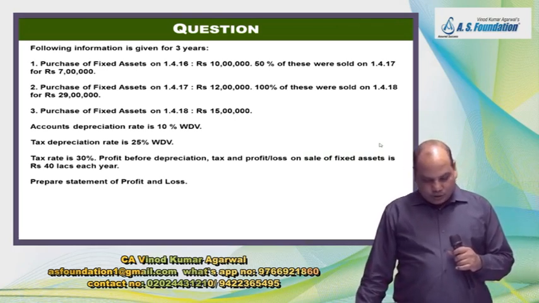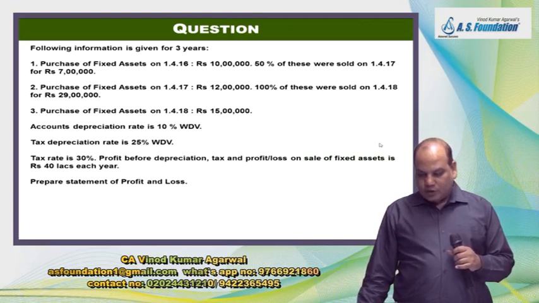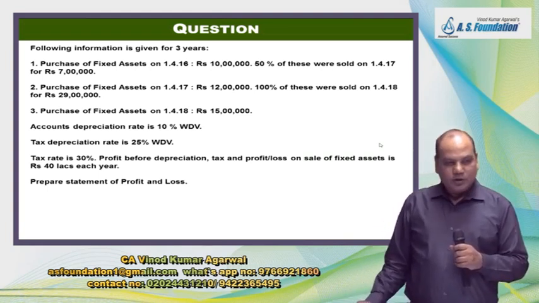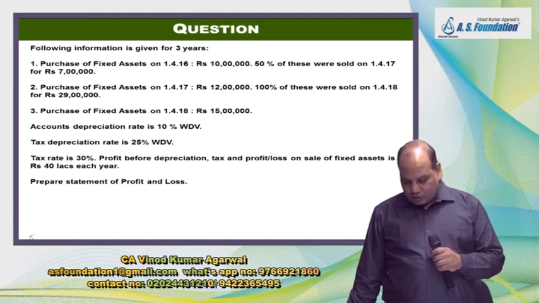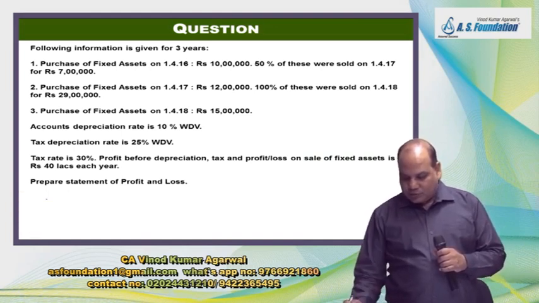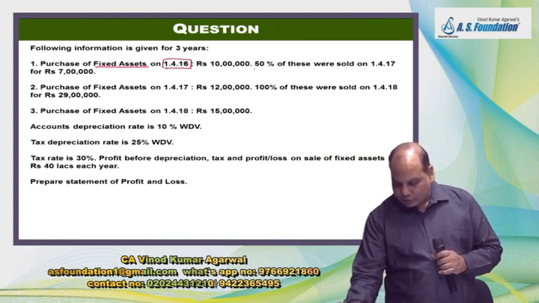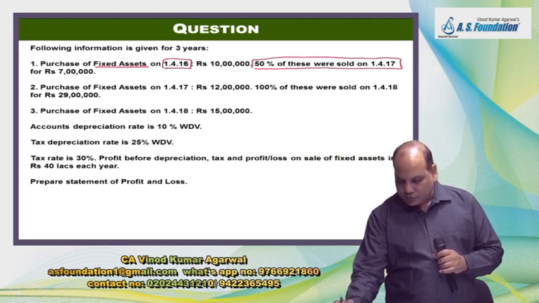Come to one little complicated question. Question number 31. Following information is given for 3 years. Purchase of fixed asset on 1/4/16, rupees 10 lakh. Keep a control on the movement of this asset. 50% of this fixed asset purchased on 1/4/16 was sold on 1/4/17.